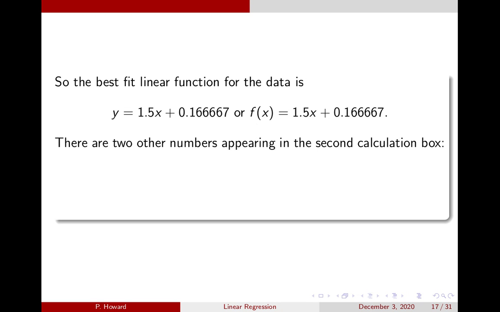There were two other numbers appearing in that second calculation box along with the m equals 1.5 and the value of b. The two other numbers were r squared, which was 0.871, and r, which was 0.9333.